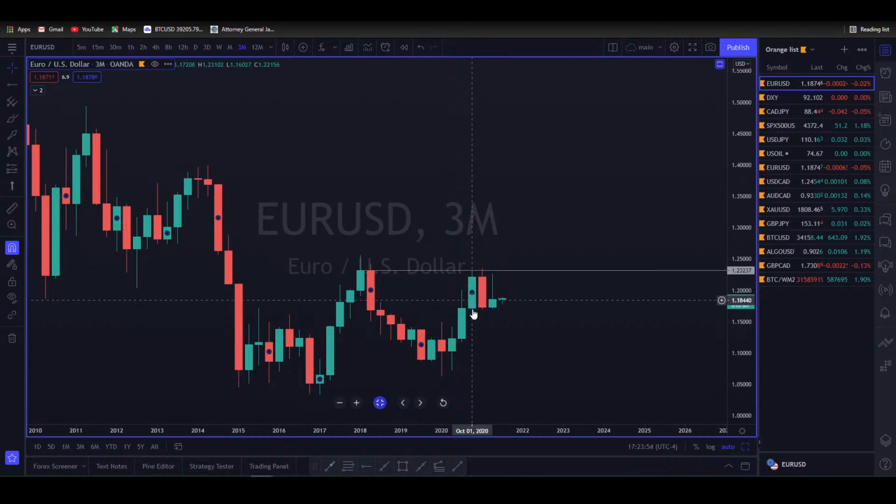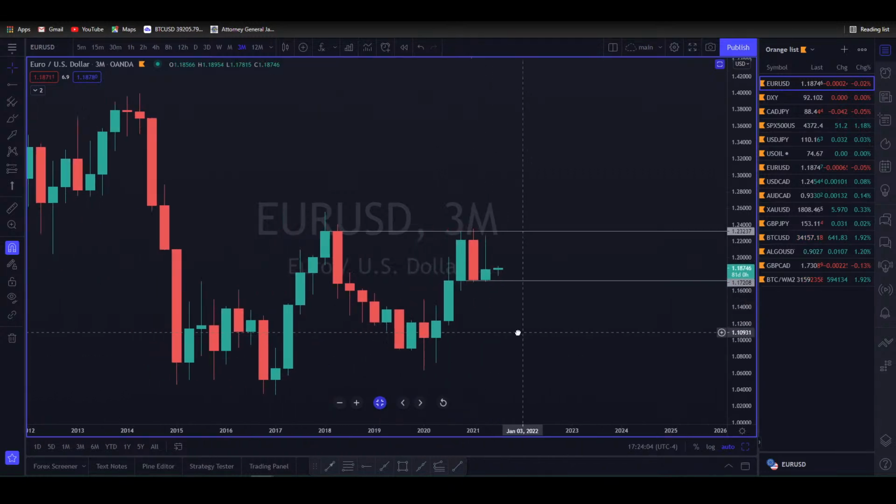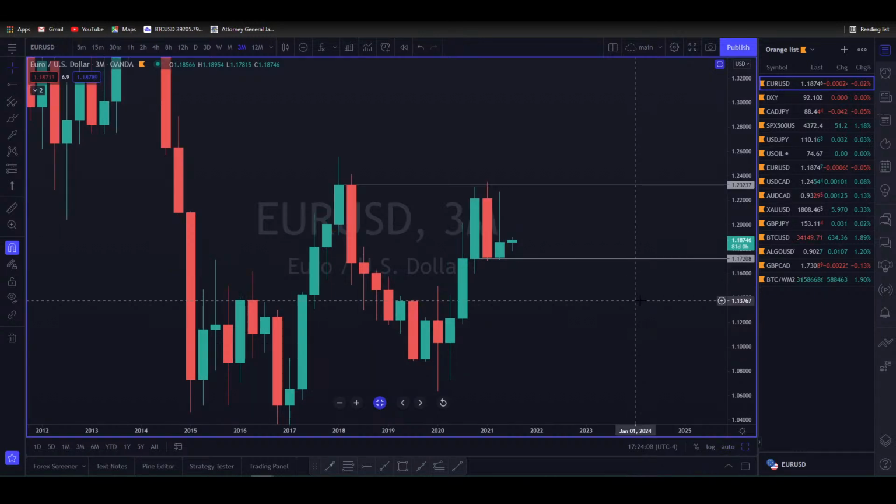Came into this quarterly open, and that is where price found support. Yes, it is a bullish candle, but when you get on the bigger time frames like quarterlies and monthlies, generally it doesn't matter if it's a bearish or a bullish candle.